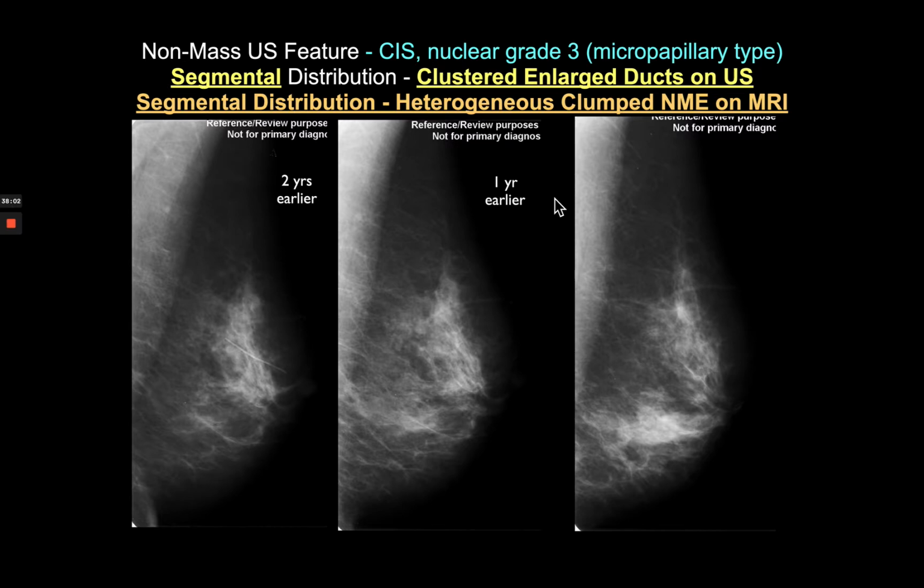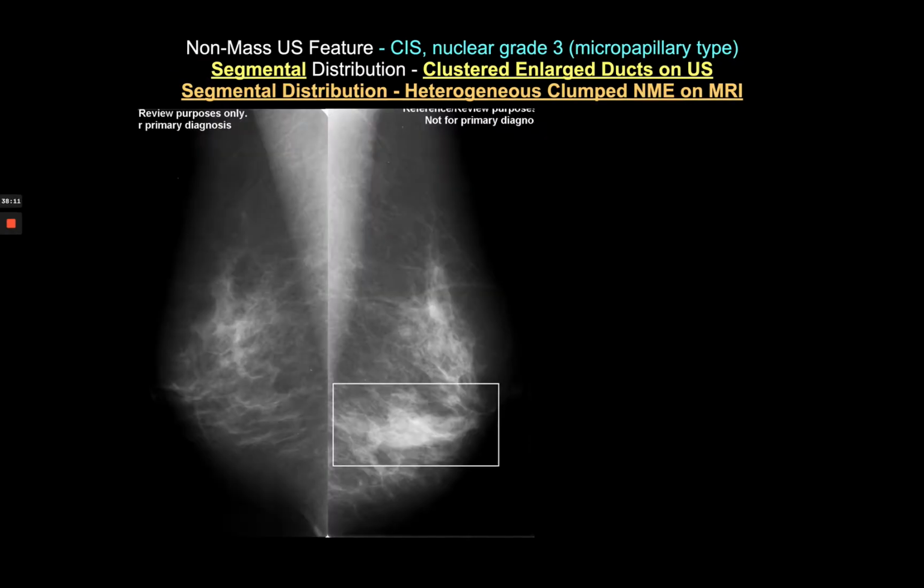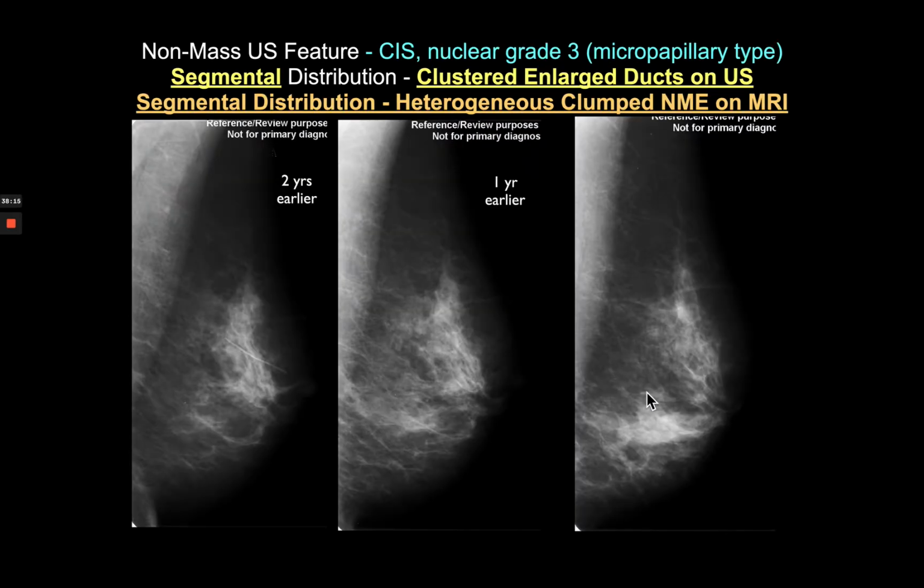So here we can see we're developing a segmental developing asymmetry. And we can see that it developed over 2 years. So 2 years ago it wasn't there at all. Maybe it was slightly there a year ago. Now it's a clear-cut segmental developing density.